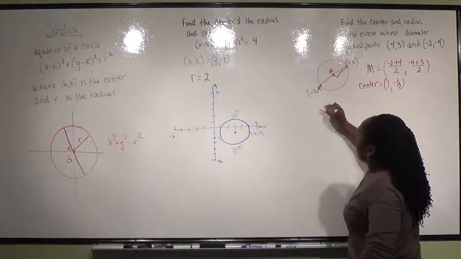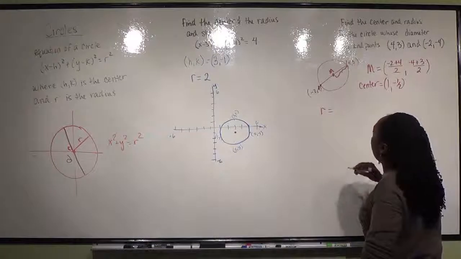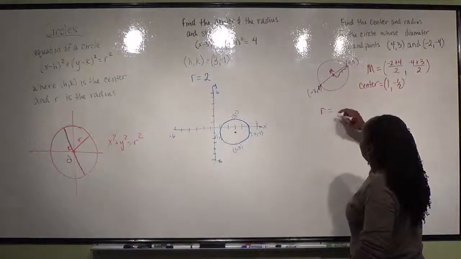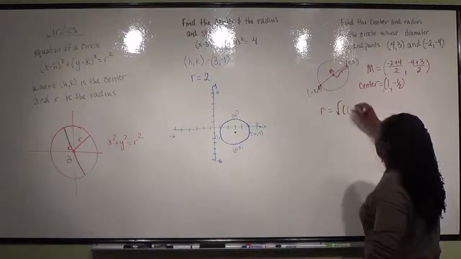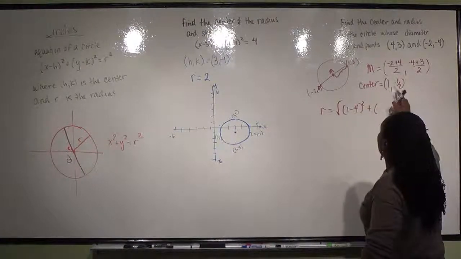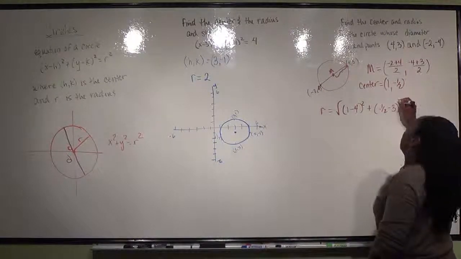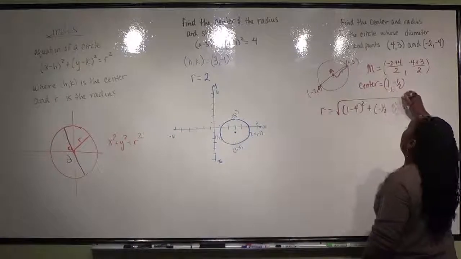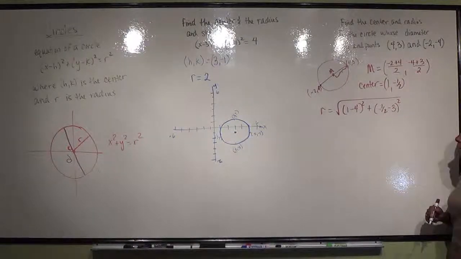In this case, since I want just the radius, I'm just going to use the midpoint and one of the endpoints. So my distance formula says I'm going to take the x minus the other x value and square it, plus the y minus the other y value and square it, add those together and take the square root. And that'll give me my radius.